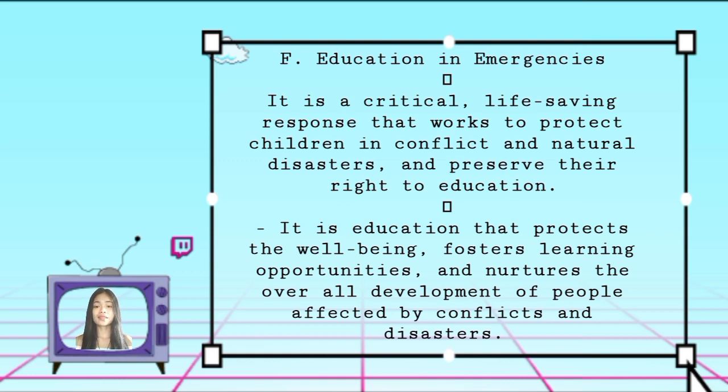And our second example is building resilience and recovery. Education is a key component of resilience building and long-term recovery in post-crisis settings. By providing education during emergencies, communities can help mitigate the long-term impacts of crisis, promote social cohesion, and support the rebuilding of infrastructure and livelihoods.